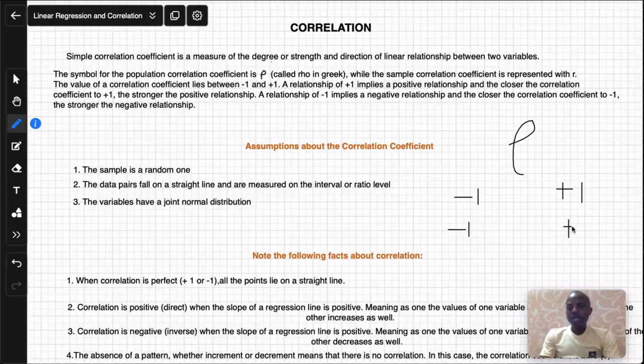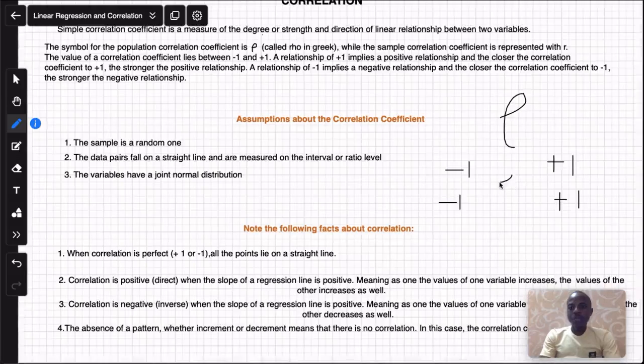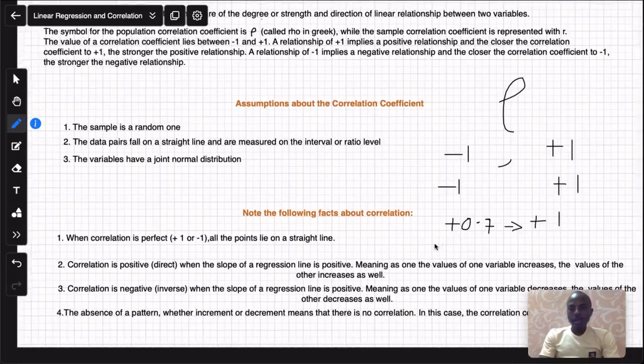And the closer it is to +1, the stronger the relationship positively. So the relationship may be positive, may be negative. You may have it to be, for instance, 0.7. From +0.7 to +1 is very strong, strongly positive.